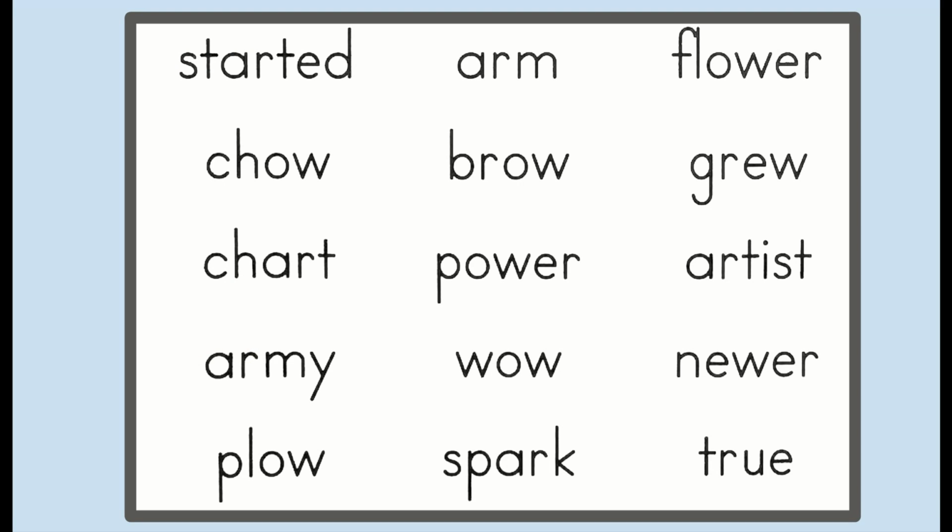Now let's sound these out and then say them fast. Ready? Ed, started. Arm, arm. Flower. Ow, chow. Brow. Grew. Chart.